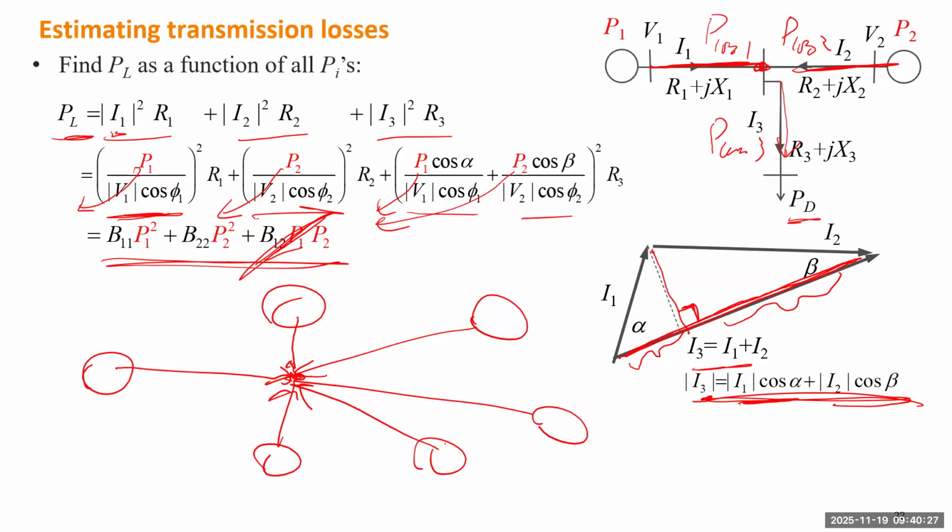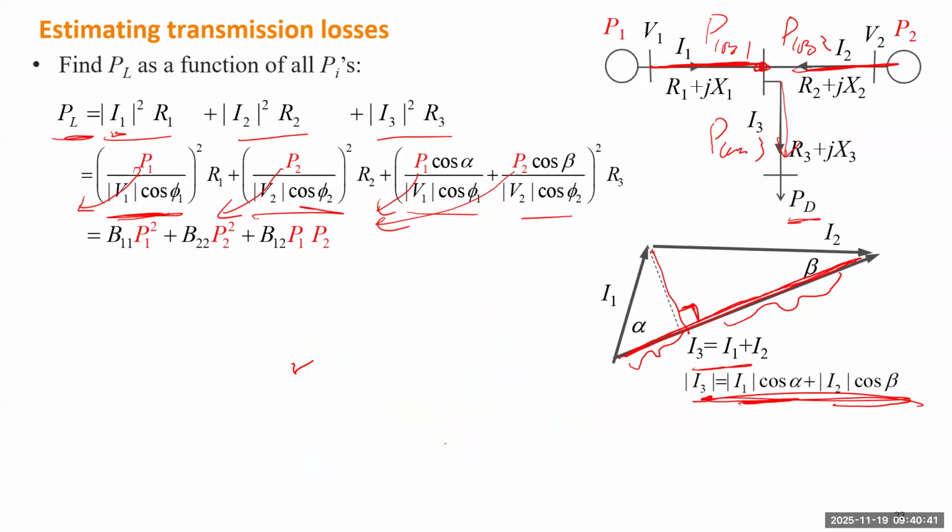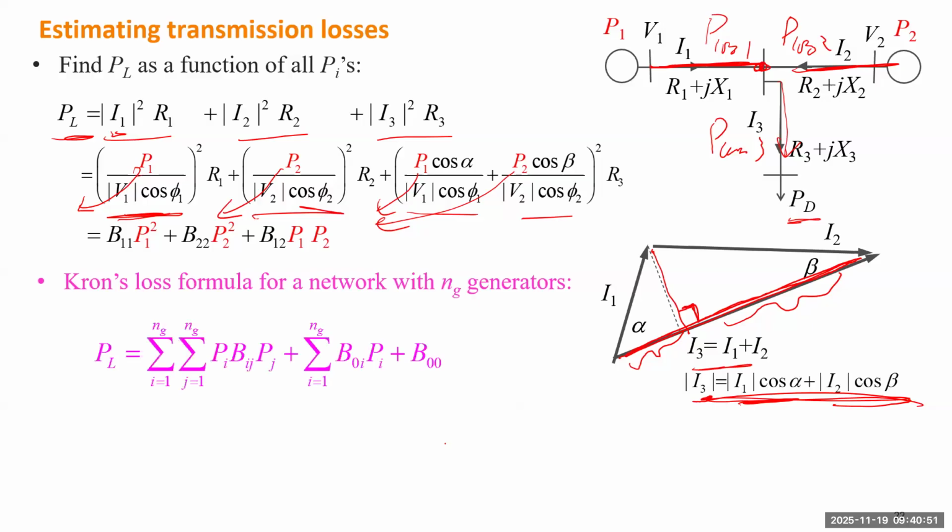But if you do have a network, when you add those coupling lines, the third term cannot be ignored. All right, so we can introduce a more general formula for this, which is called Kron's loss formula, for a network with N generators.